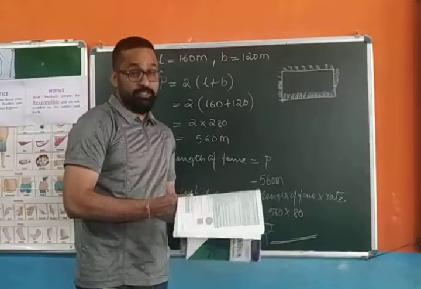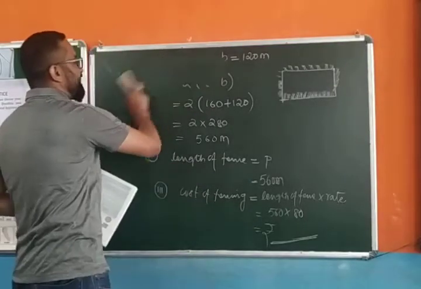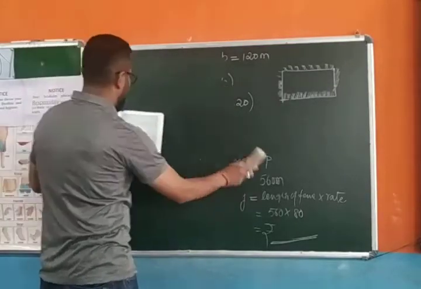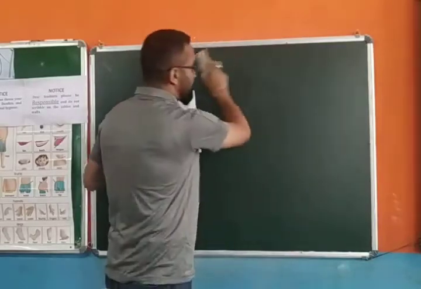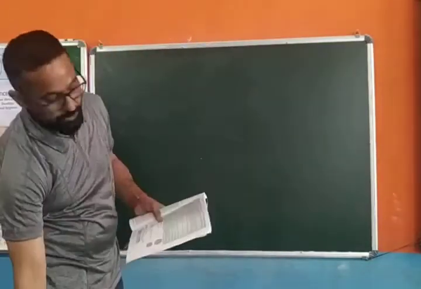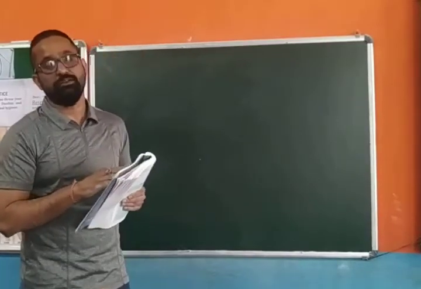Question number 10 now. Similar question, but it is for the square. So I'll change the value and then do the calculation. Each side of a plot of land is 55 meter, which is in the form of a square.